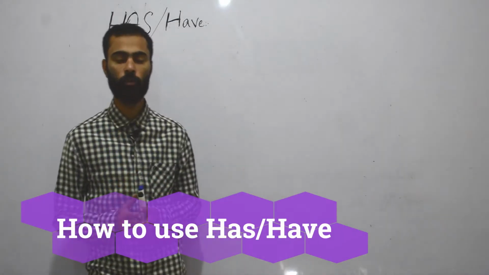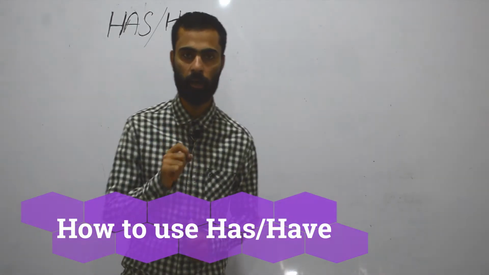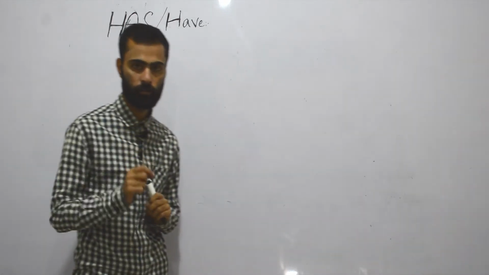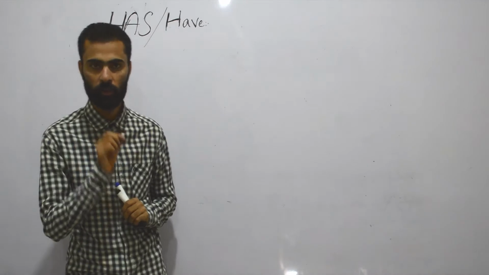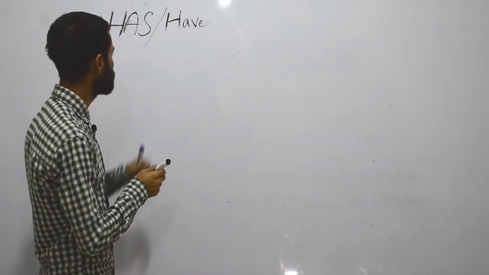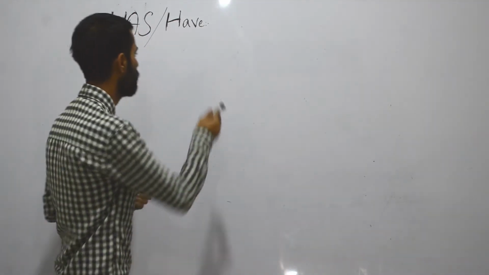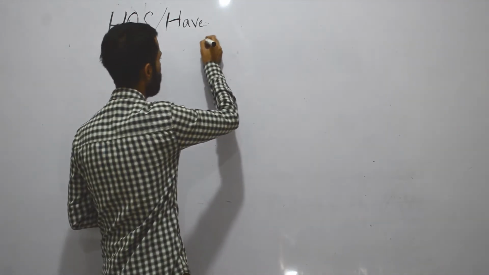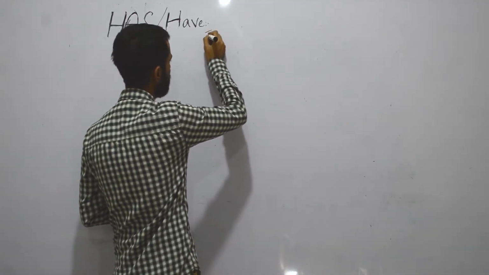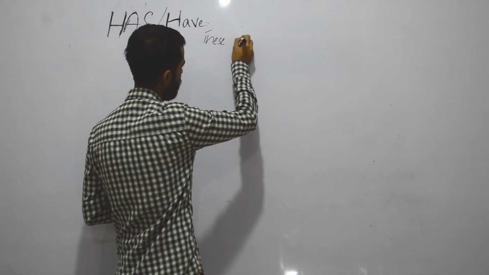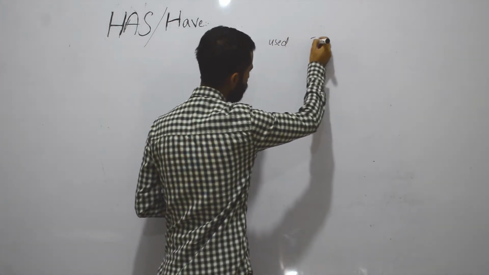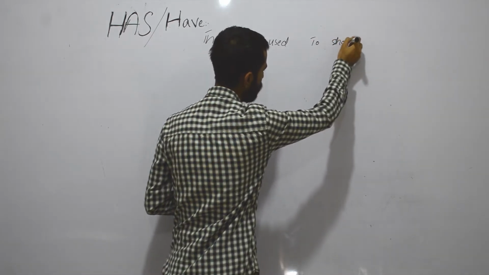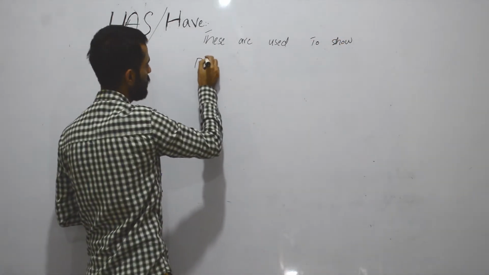Guys, today I am going to teach you about has and have. These both are verbs. These both are used for present property. So, what is the definition of has and have? Look here. These are used to show present property.